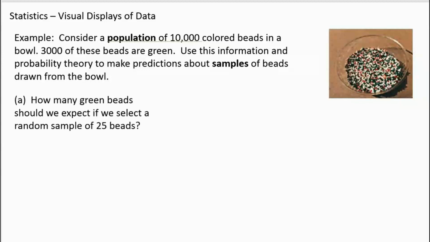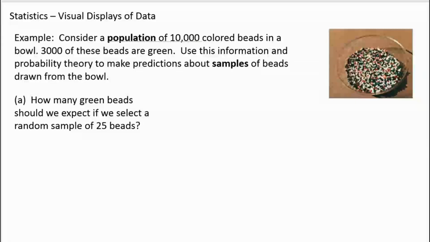Now, how many green beads should we expect if we select a random sample of 25 beads? How could we handle this? Okay, so let's think about this. If they want us to guess out of 25 beads how many of them would be green, well, what we probably should do is figure out the percentage of green beads in the bowl.